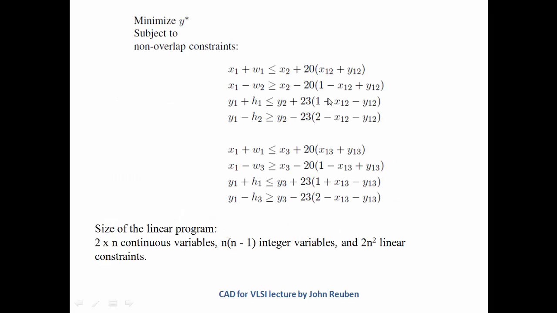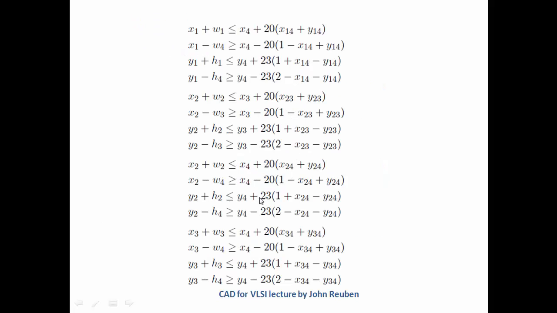So these are essentially the non-overlap constraints for modules 1 and 2, and the same way these are the non-overlap constraints for modules 1 and 3, and you have the non-overlap constraints for modules 1 and 4, non-overlap constraints for modules 2 and 3, 2 and 4, and 3 and 4.